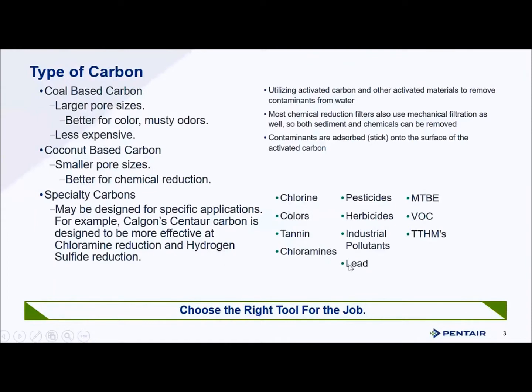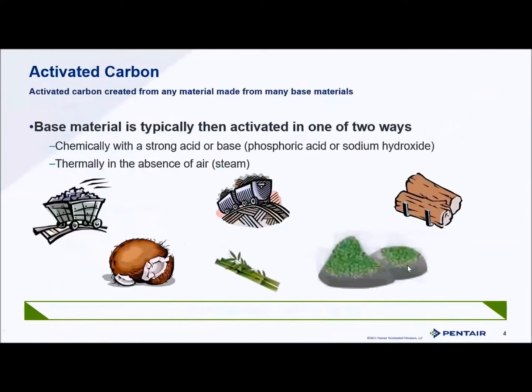Some of these even have lead reduction capabilities, MTBE, VOCs, and trihalomethanes. So basically organic compounds that tend to be less polar, more like oils and greases, and small things that are charged are removed by activated carbon.